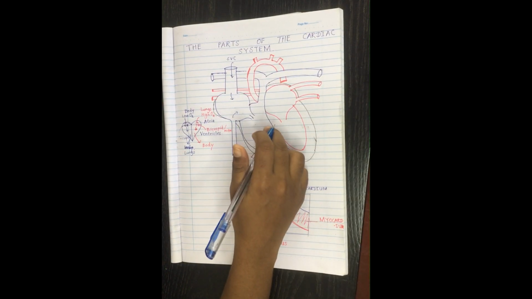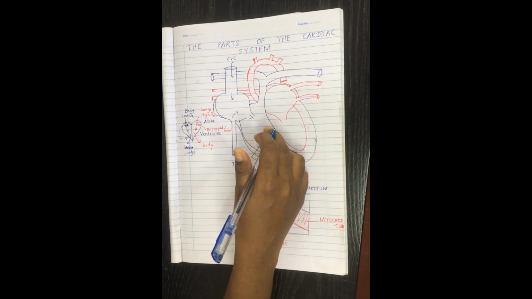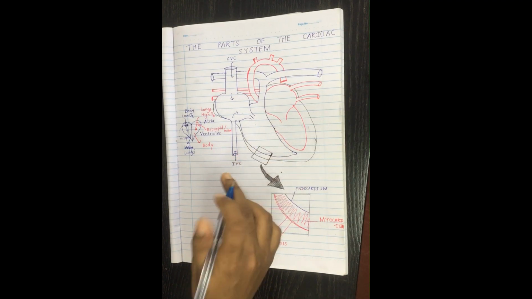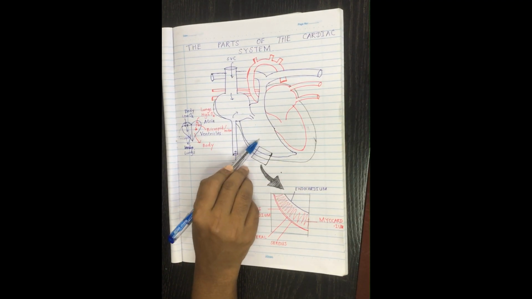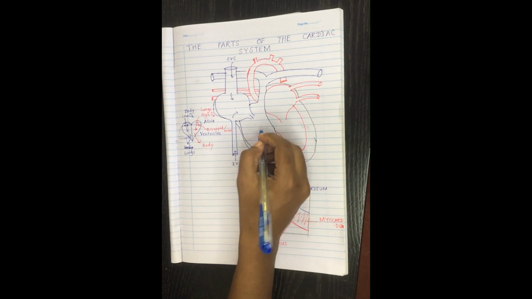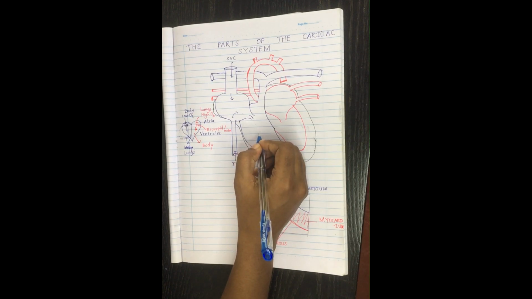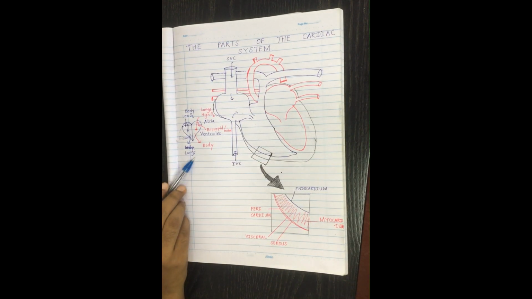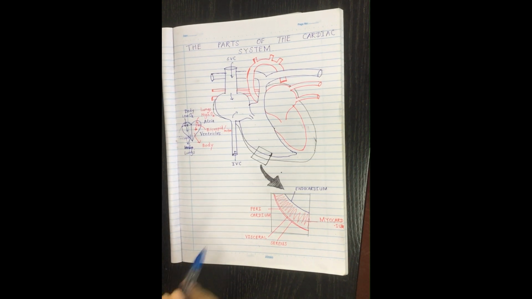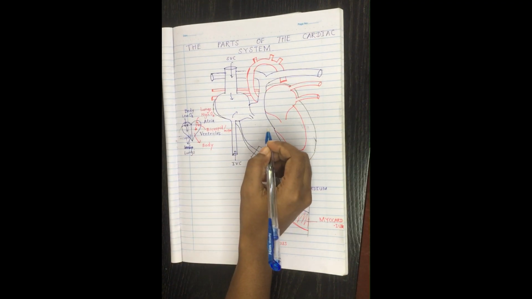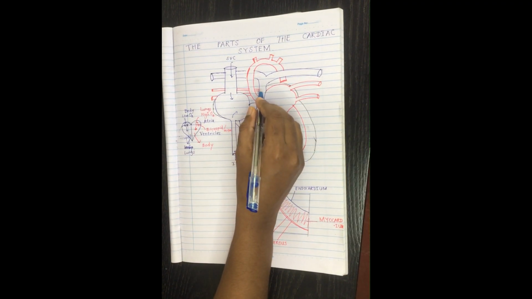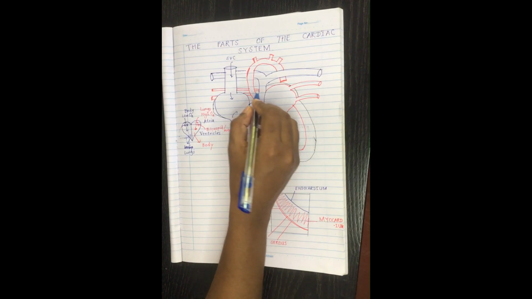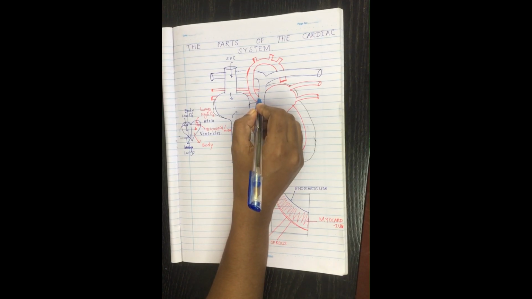This is called the left ventricle. I've already told you. So it goes to this place, and after that it should be taken to the lungs. Here this is called the pulmonary trunk.